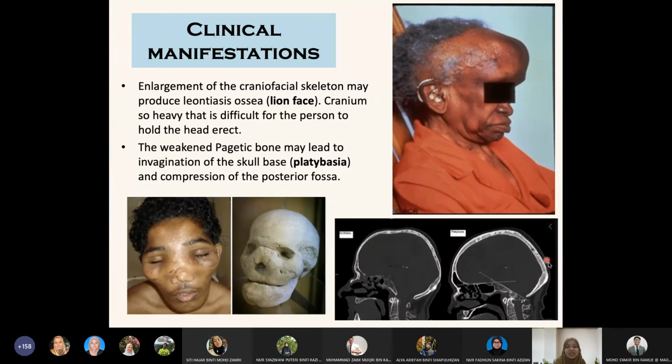This one is called platybasia. The posterior fossa can also be flattened, and sometimes they can have frontal bossing as well. So if you see lion face, frontal bossing, think of Paget. Paget usually happens in the elderly and is more prominent in males.